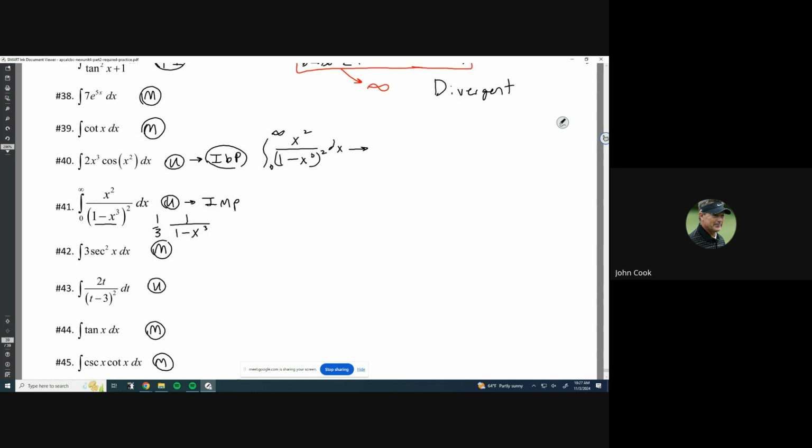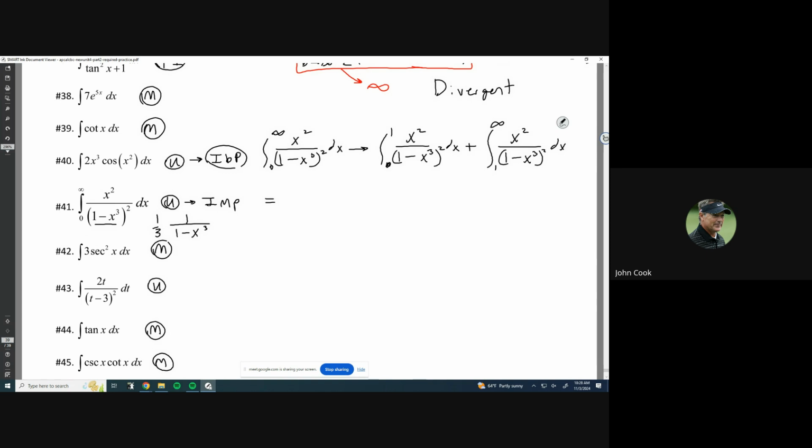So I'd use an arrow, and then I'd go from 0 to 1 for this, x squared over 1 minus x to the third squared dx. And then add on to that from 1 to infinity of x squared over 1 minus x to the third quantity squared dx.